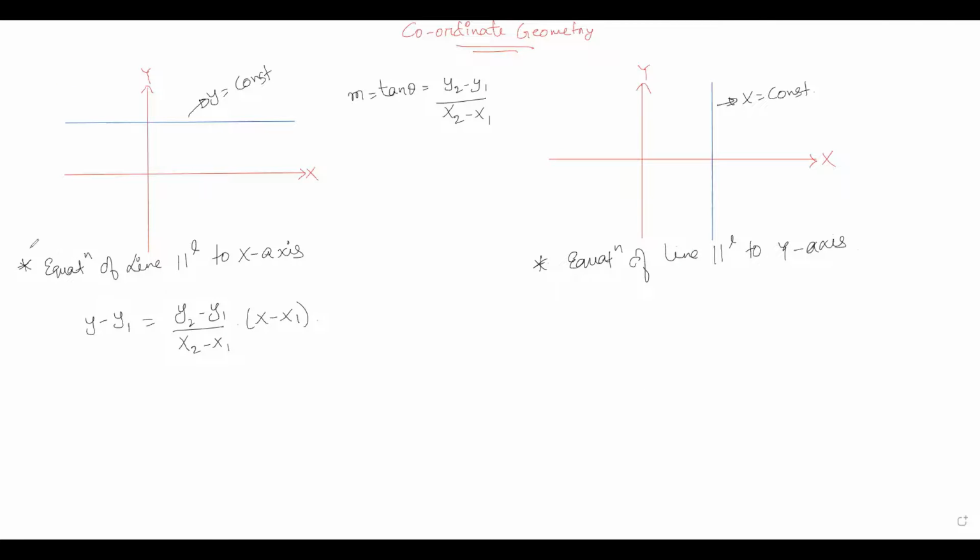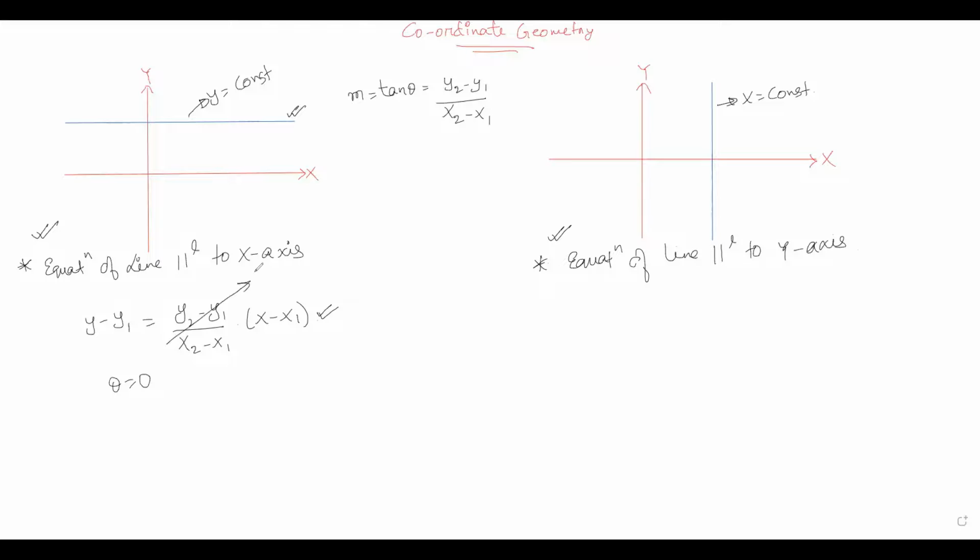Now, let us see the equation of a line parallel to x-axis and the equation of a line parallel to y-axis. Suppose this is that line which is parallel to x-axis. Now, if this line is passing through 2 points, then the equation would be given by y minus y1 would be equal to y2 minus y1 upon x2 minus x1 into x minus x1. Now, since this line is parallel to x-axis, so we can say that the angle that the line is making with the x-axis would be 0, and the y-coordinate of all the points lying on this line would be same.